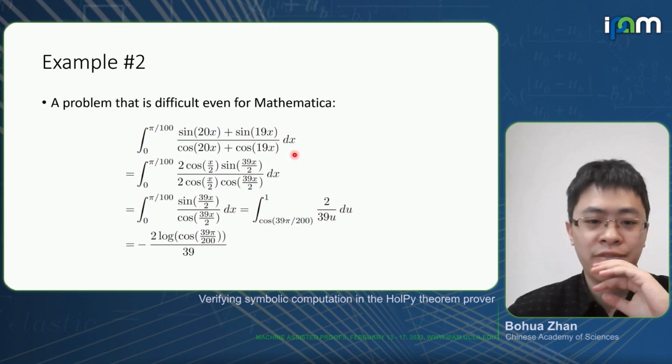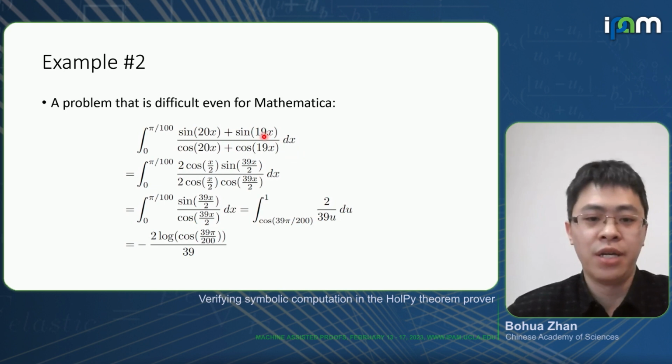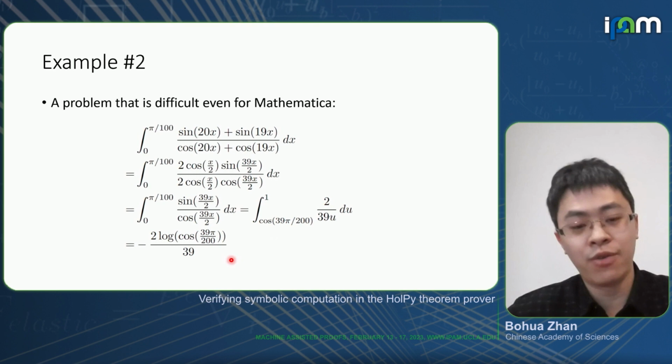It is an evaluation of a definite integral, and the problem itself is not actually complicated if you notice the main trick, which is to apply the sum to product identity to both the numerator and the denominator. Then the cosine of x over 2 cancels, and we can do the standard substitution to get the final answer.